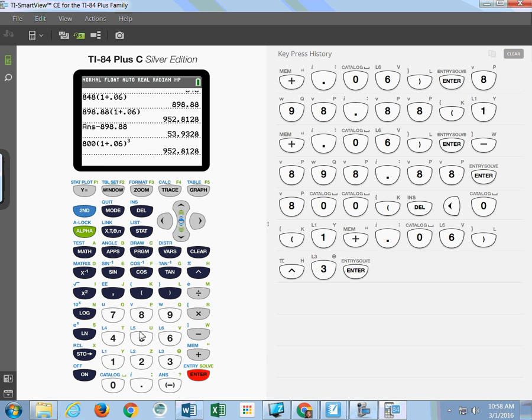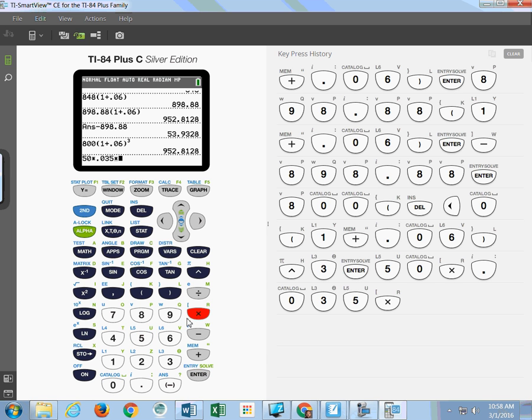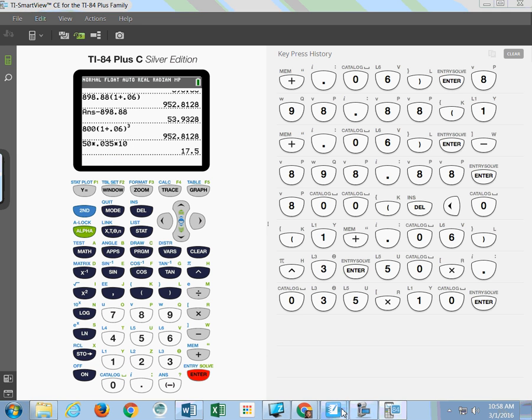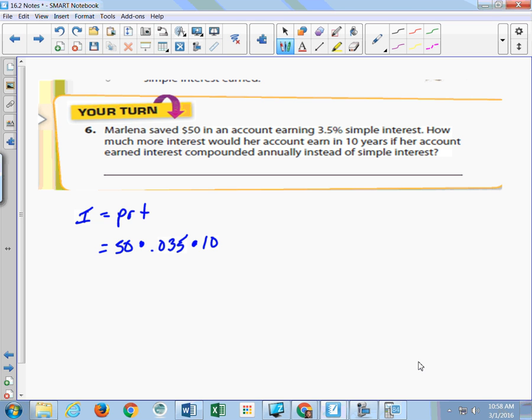So 50 times 0.035 times 10. I get $17.50. So for 10 years, we only earned $17.50 in interest.